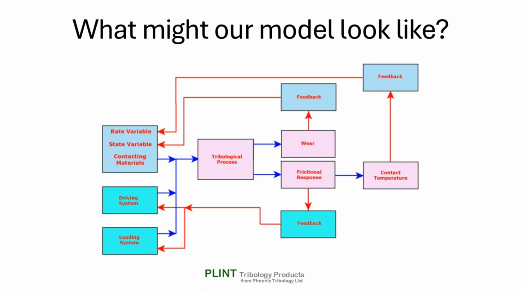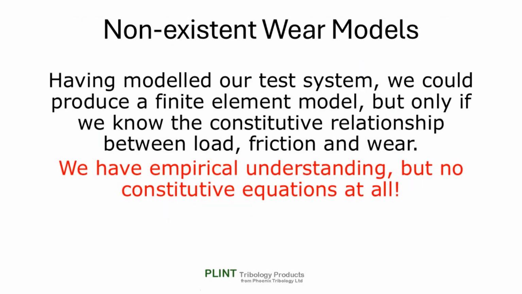We can, however, assume that changes in surface topography will translate into excitation normal to the surface, hence in the loading axis. Of course, when it comes to wear, we have empirical understanding, but no constitutive equations at all. Without viable constitutive equations for friction and wear, our modelling exercise comes to an abrupt halt.